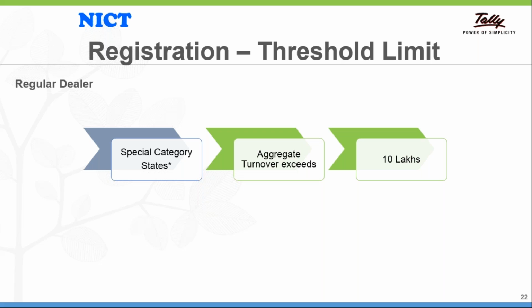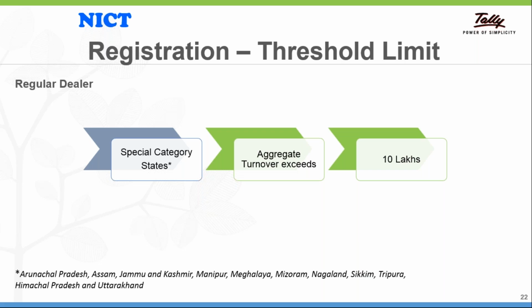When a regular dealer, that is a person who is eligible for GST, applies for registration, what are the things? There are a few states under the special category: AP, Assam, Jammu Kashmir, Manipur, Meghalaya, and so on. For all these states, if the business's aggregate turnover in a financial year exceeds 10 lakhs, then he is supposed to register.